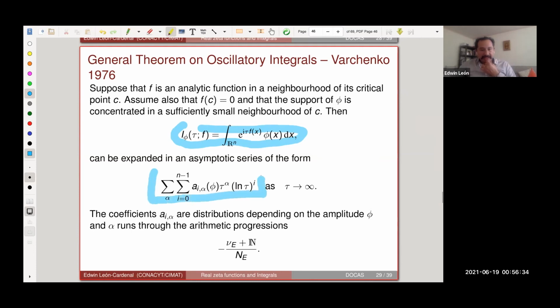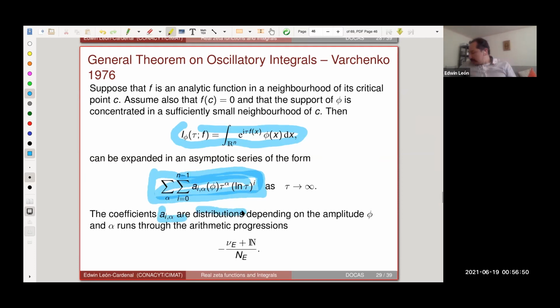This is exactly the same as what Varchenko or Jean Quartier put. But then what happens is that in this case, again, the coefficients are distributions.